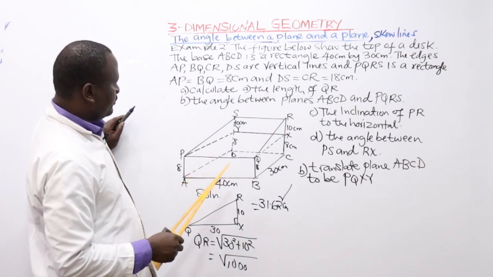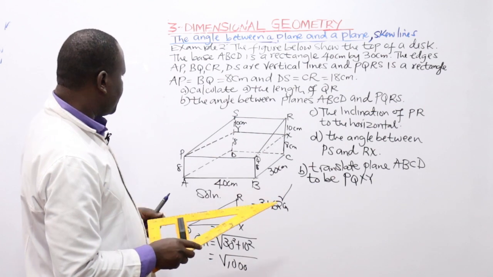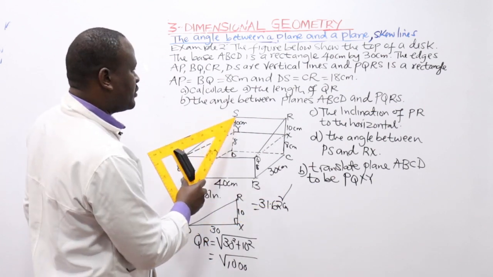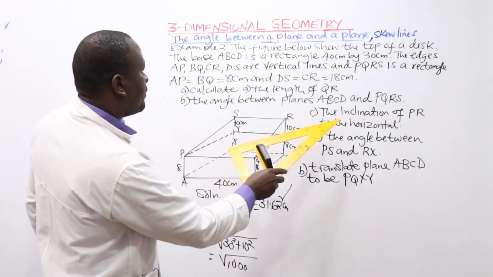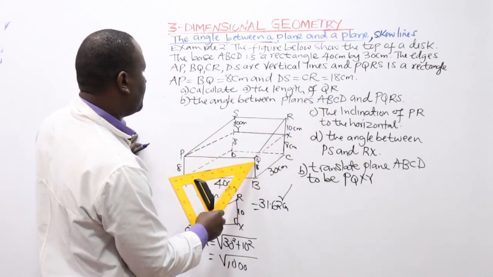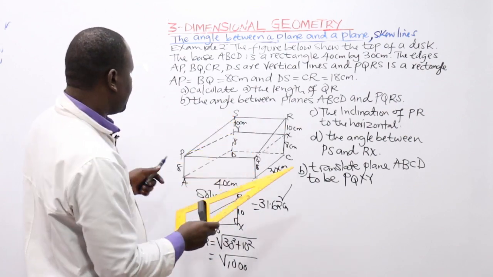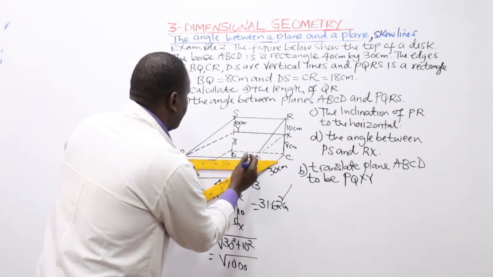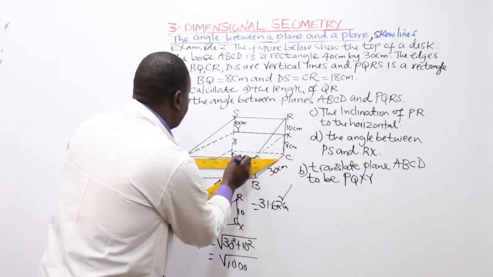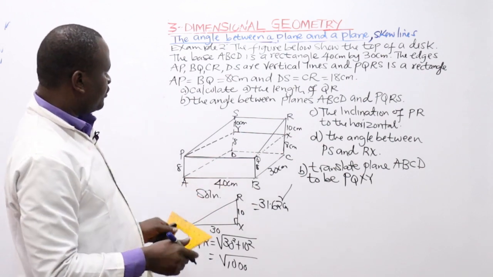So in other words, where are the two planes intersecting? As PQ are intersecting here, along this line. That is the line of intersection.